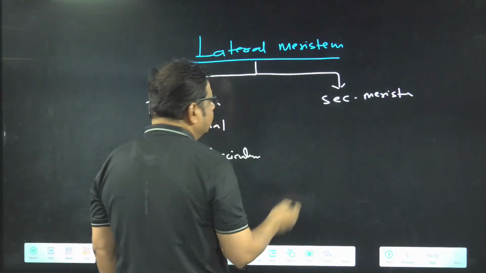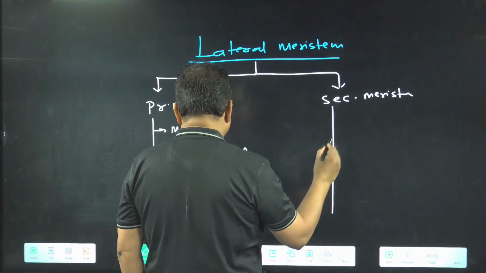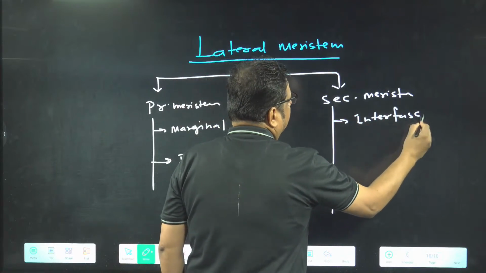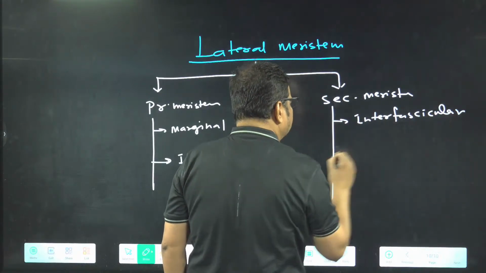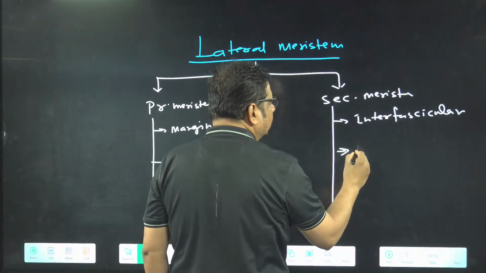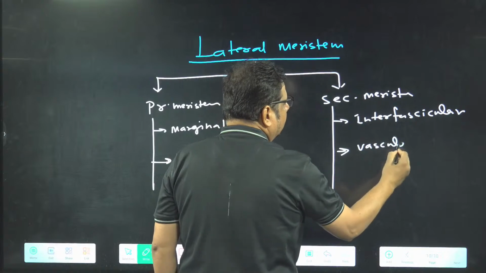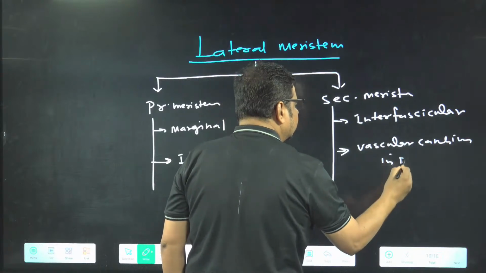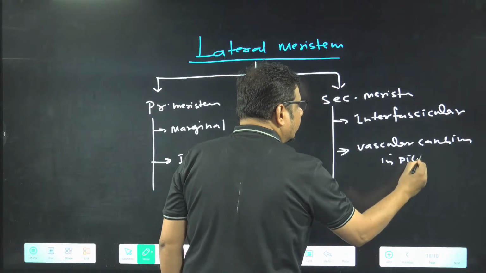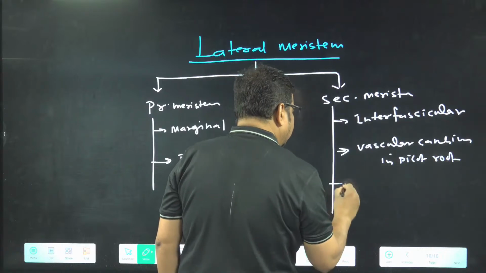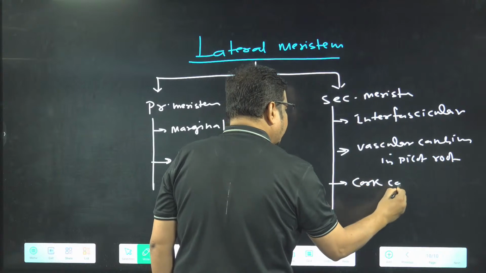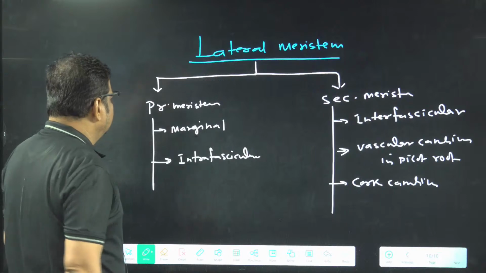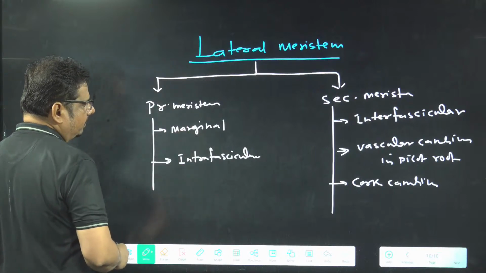Secondary meristems acting as lateral meristem are interfascicular, vascular cambium in dicot root, and the third one is cork cambium. These are the secondary lateral meristems, and the others are the primary lateral meristems.